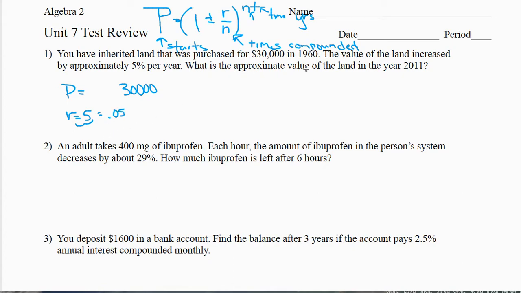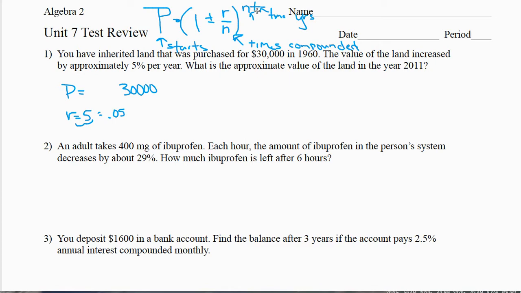What is the approximate value of the land in the year 2011? Okay, so is this being compounded multiple times each year? Probably not. So because it's compounded only once a year, we're just going to put the R, because anything divided by 1 is itself, right?